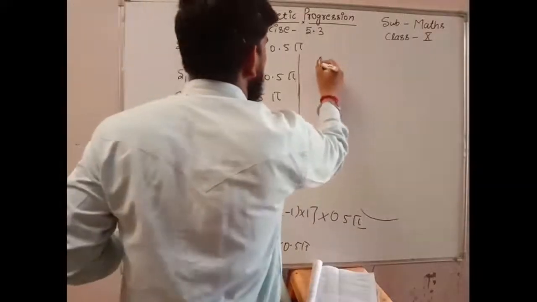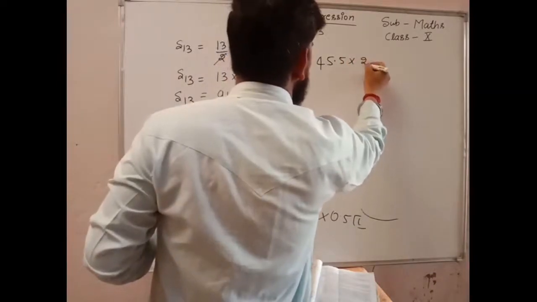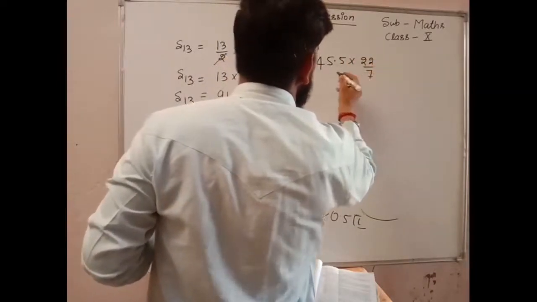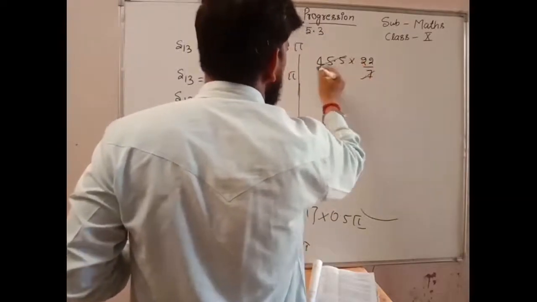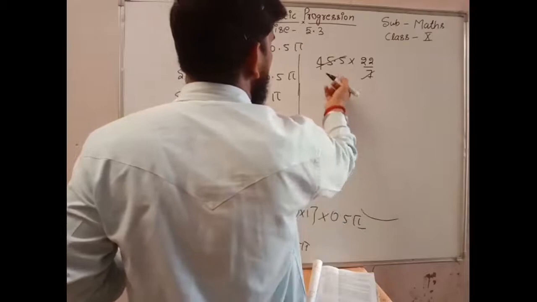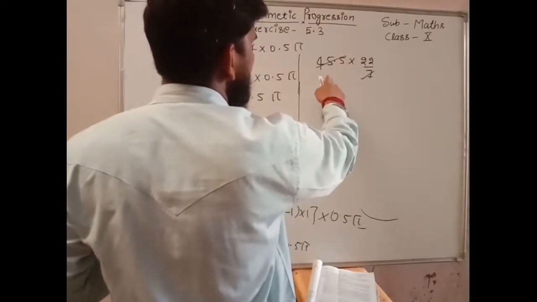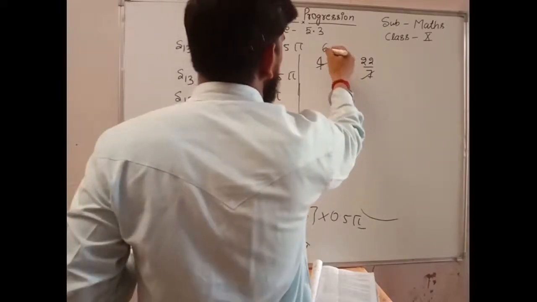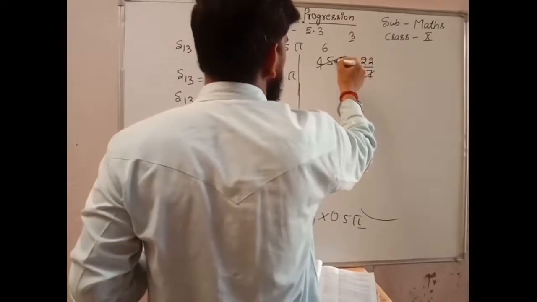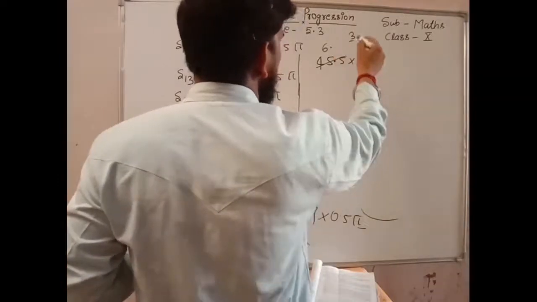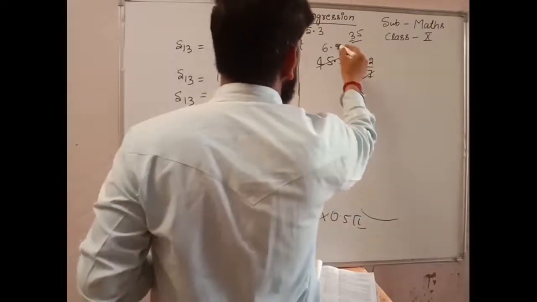So 45.5 multiplied by 22 upon 7. 7 1s are 7 and 7 6s are 42. 3 is carry. After that this is the point, so we take the point and 5. And 7 5s are 35.